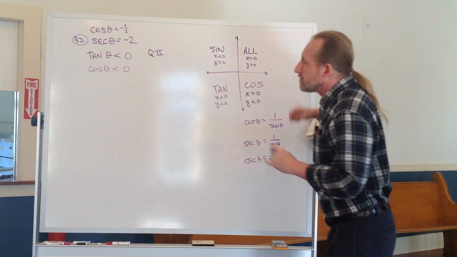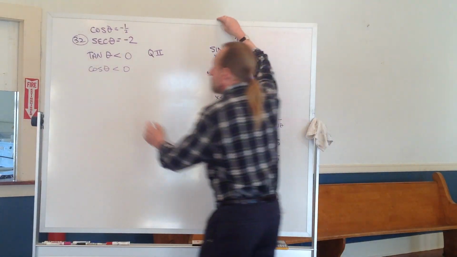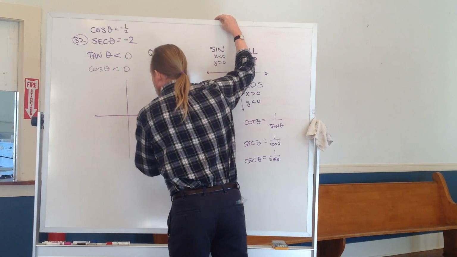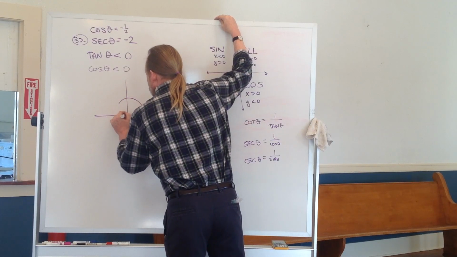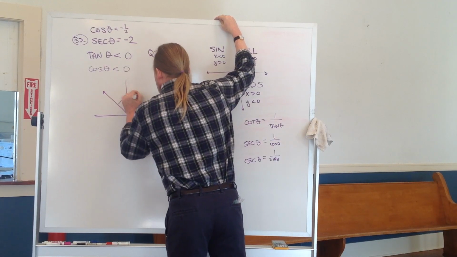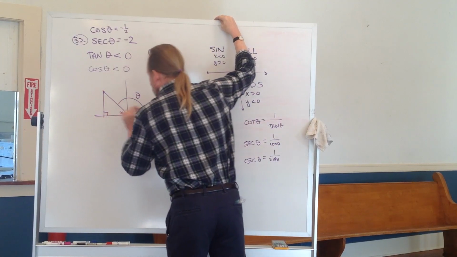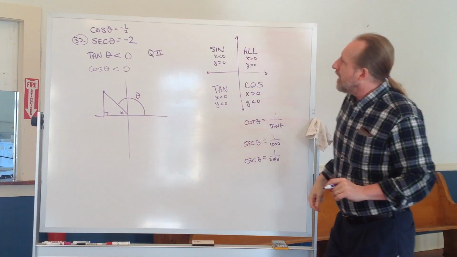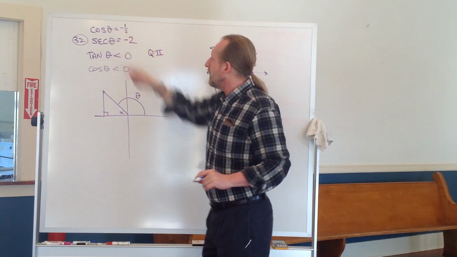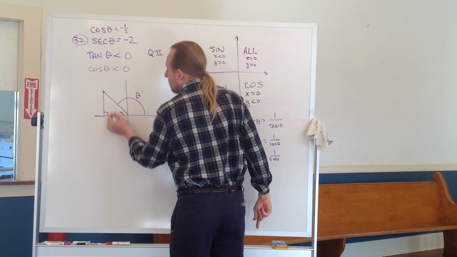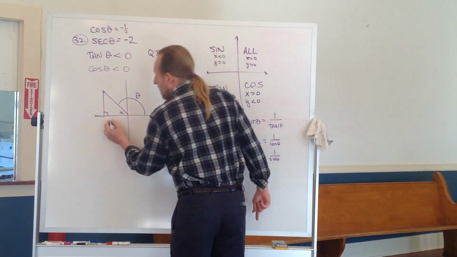Alright, so now we've got all that information. Let's make a little diagram. Draw our angle going over here into the second quadrant. Drop the perpendicular. There's our reference angle. Now, we know that the cosine, which is the adjacent side over the hypotenuse, is -1/2.